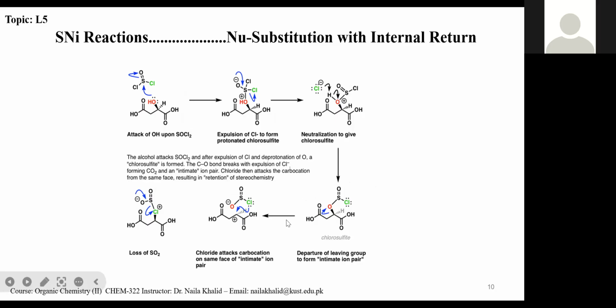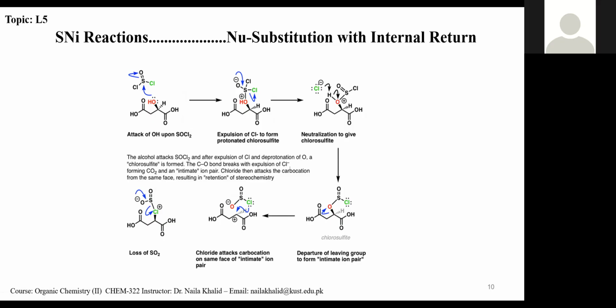This is the chlorosulfide intermediate. Here it is the rate determining step. Chlorosulfide group is then decomposed. This chloride will act as an internal nucleophile, will attack on this electrophilic carbon, and then this electron density comes here, and sulfur dioxide is removed in this pathway.